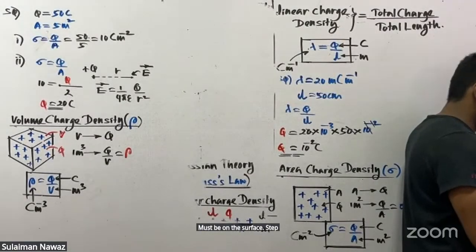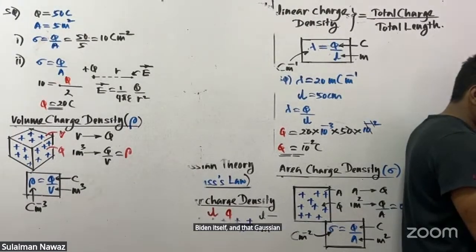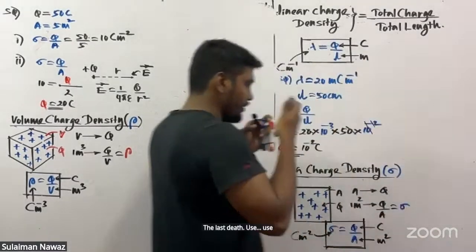Step number 4: find the net charge in that Gaussian surface. The last step, write down: use this equation.